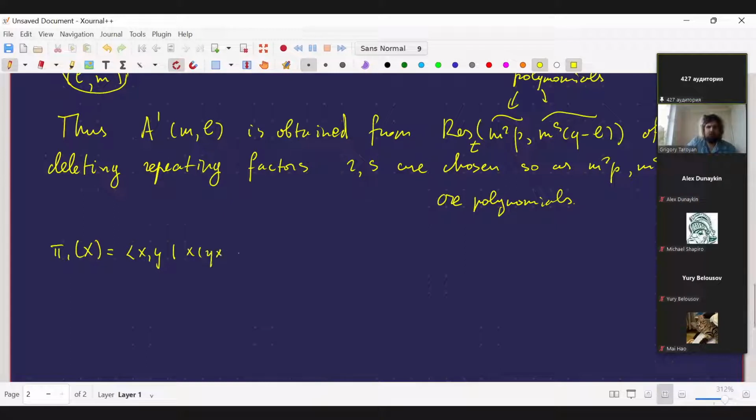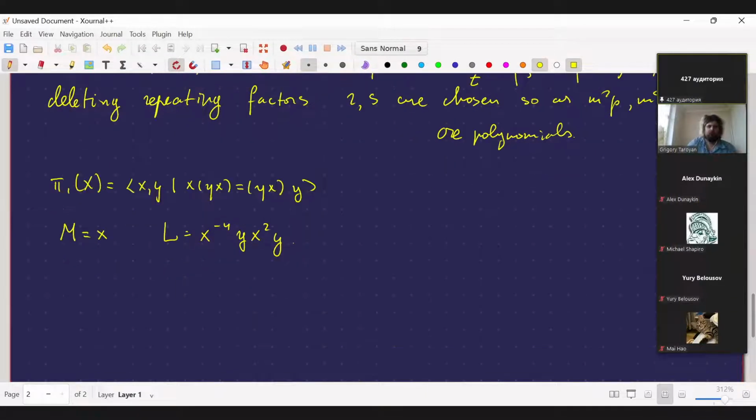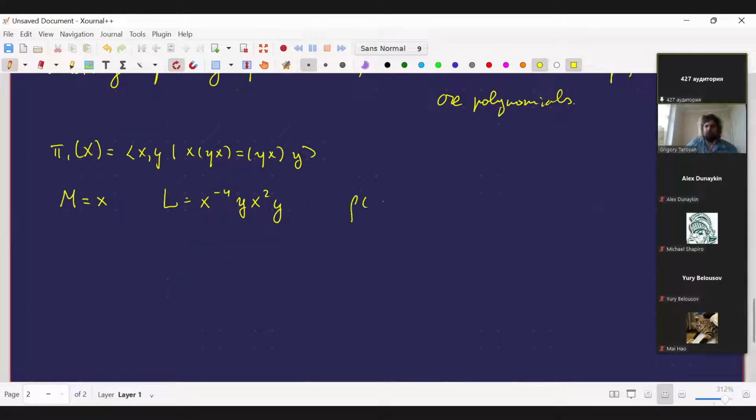So we write the fundamental group of a trefoil knot, and M is equal to X, L is equal to X minus 4, Y X squared Y. Rho of X, rho of Y are as before.